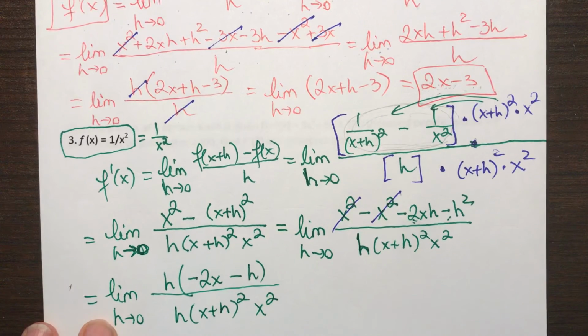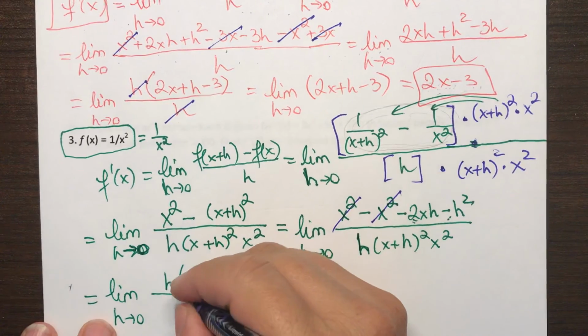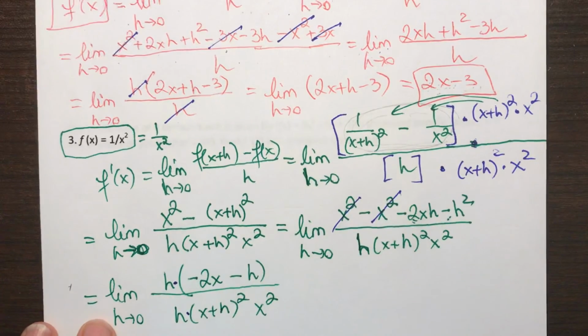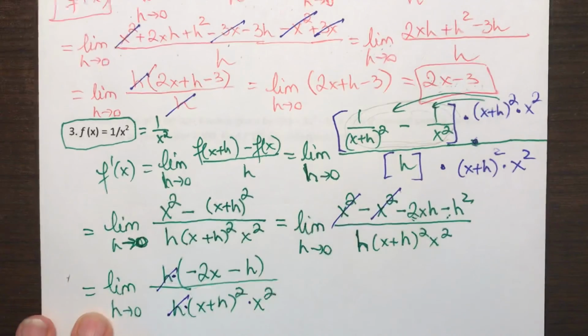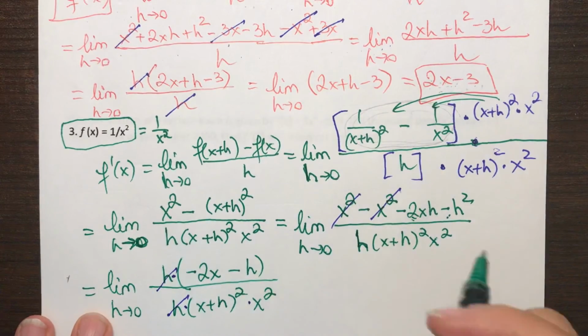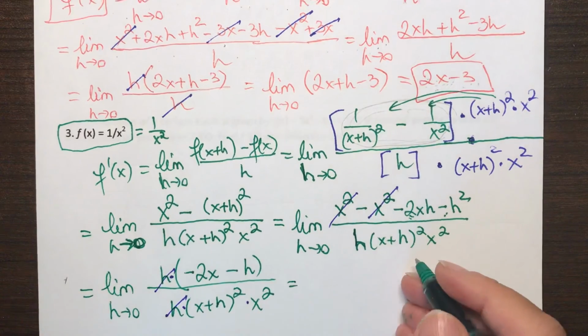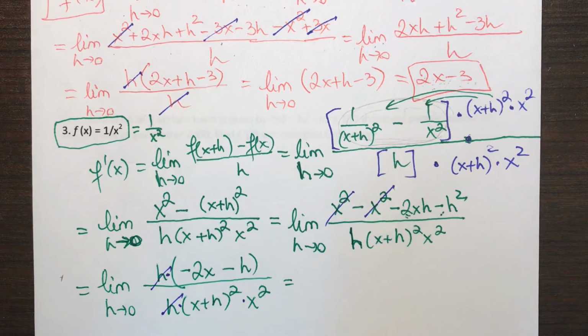Okay, so here it is, common factor, right? This is all a product, so h is now a common factor, so it goes away.